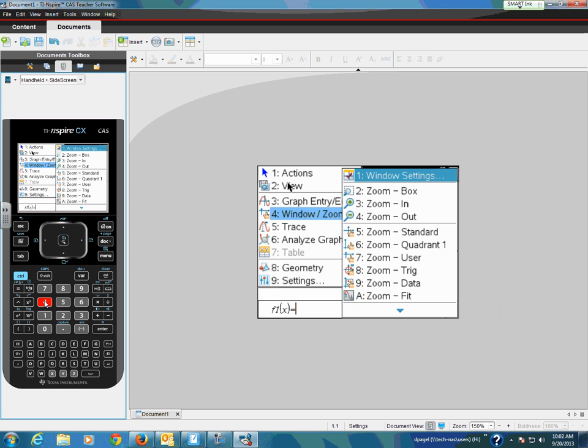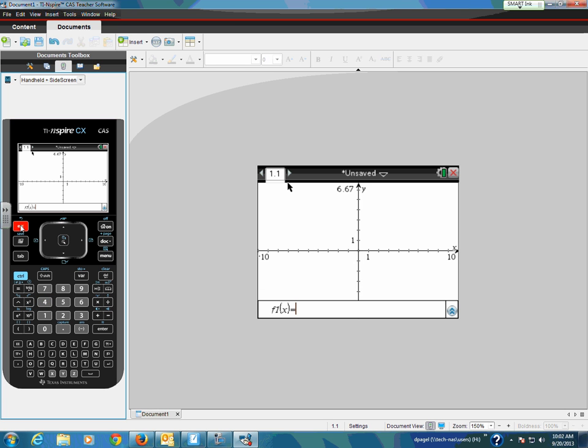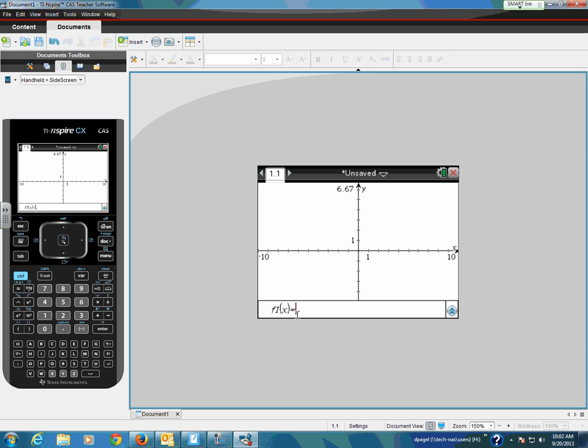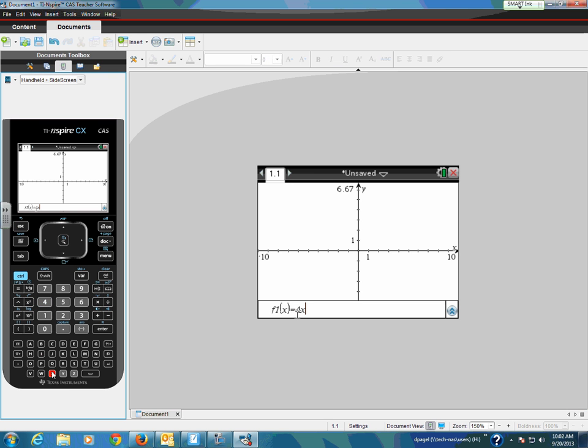So 4x cubed, minus 104x squared, plus 660x.